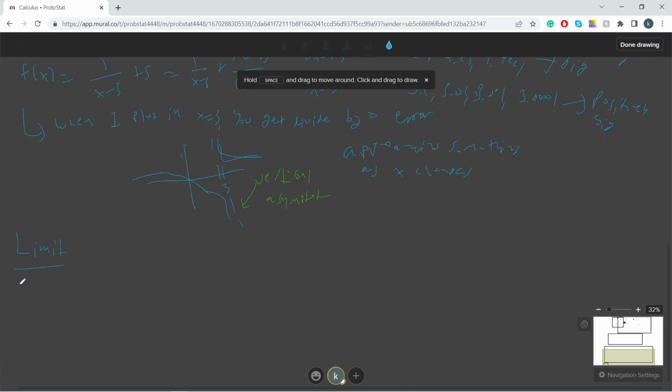So limit is a way to formalize what value a function approaches when x approaches a value.